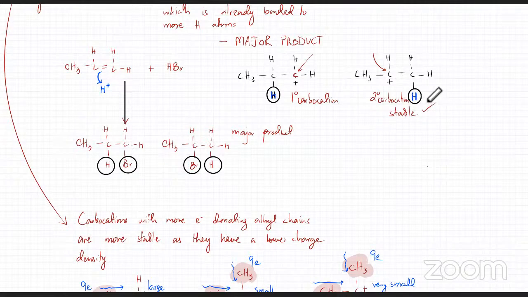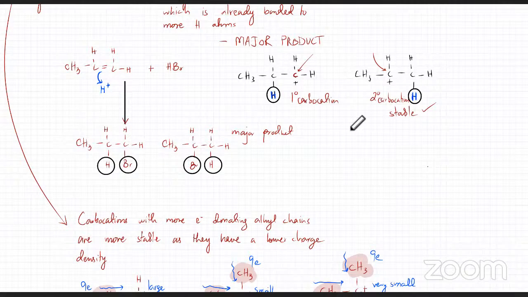So carbocations that have a very low charge density, like 2 degree or 3 degree carbocations, are much easier to form, because the H can steal electrons from it, and it will not attract those electrons back because the positive charge is weak and small. If it's large, the H will not be able to steal electrons from it in the first place, and the carbocation will not be formed.